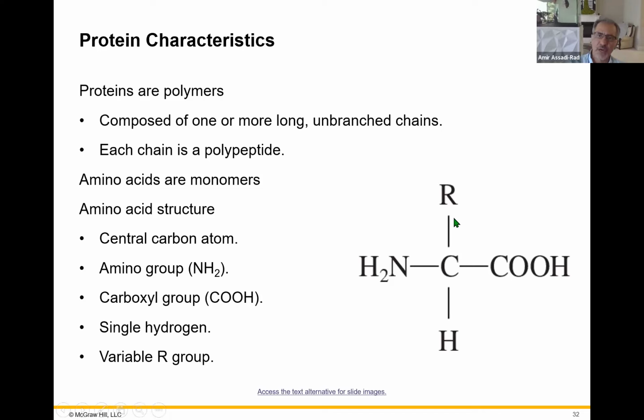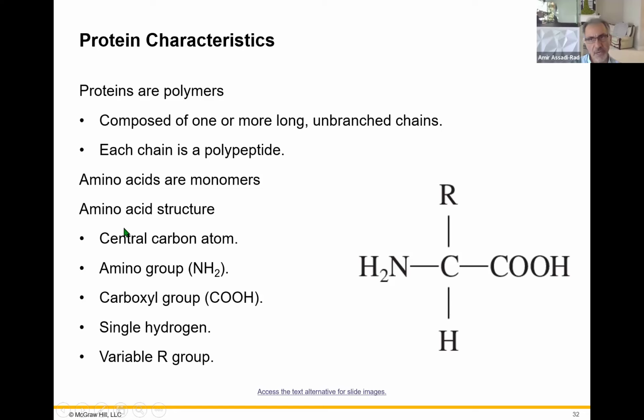What makes those amino acids different? This right here. R group, radical group, they call it. Composed of one or more long unbranched chains. Chain is polypeptide. Amino acids are monomers. Yes. For proteins, amino acids are monomers. For DNA, RNA, monomers are nucleotides.